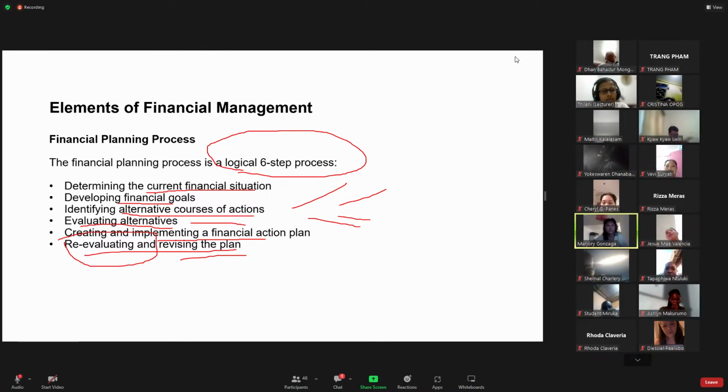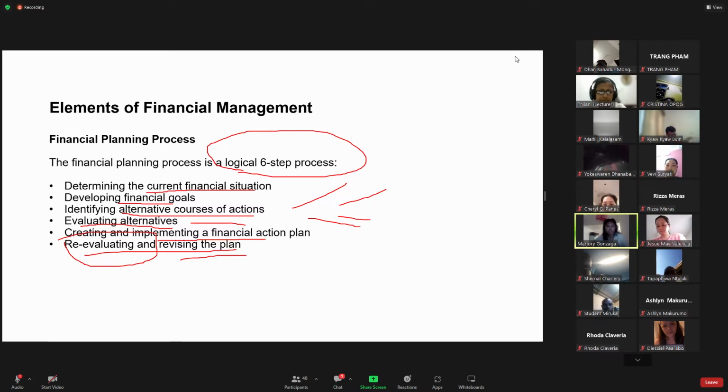Very good. You need to understand what the goals are. When you figure out where you stand, you can understand where you are at the moment and where you want to be. Based on that, you develop your financial goals. And then the third one is identifying alternative courses of action.